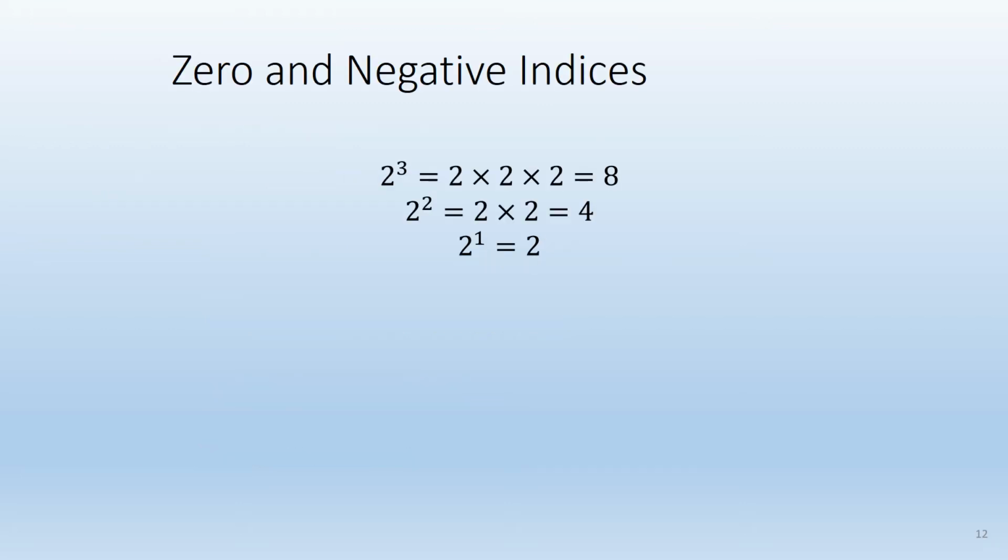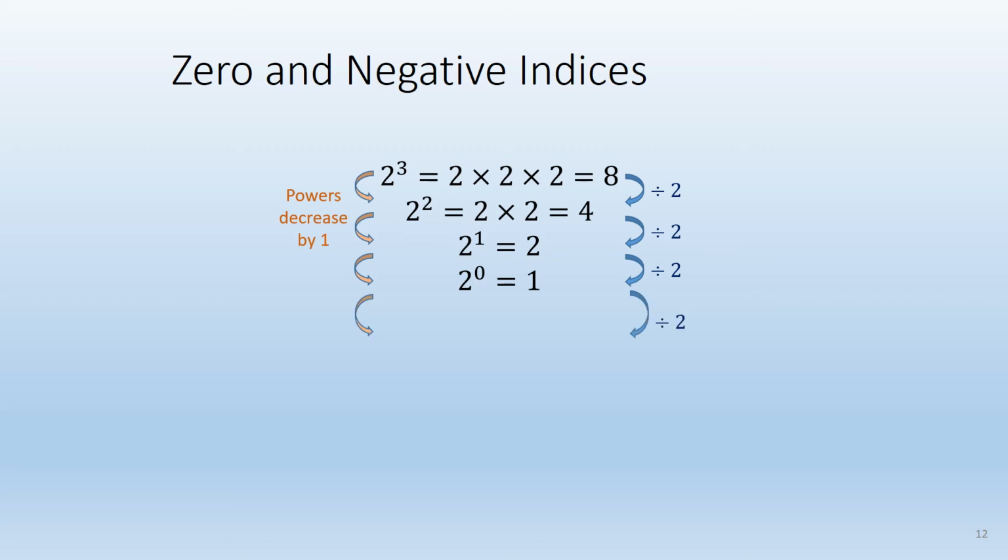Let's see if we can give some meaning to zero and negative indices. We have a pattern here where the powers are being decreased by 1, so the next one will be 2 to the power of 0. And on the right hand side we're dividing by 2. So the next one will be 2 divided by 2 is 1. That is 2 to the power of 0 is 1.